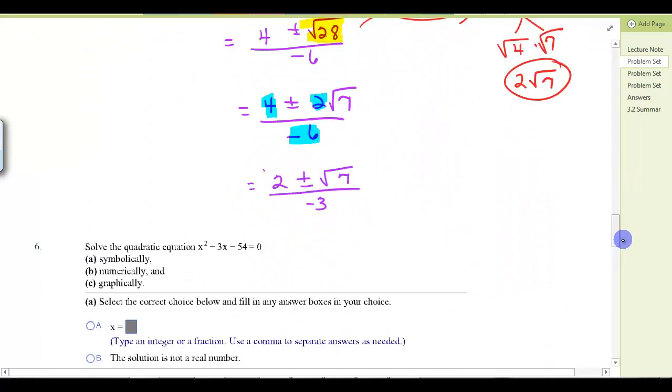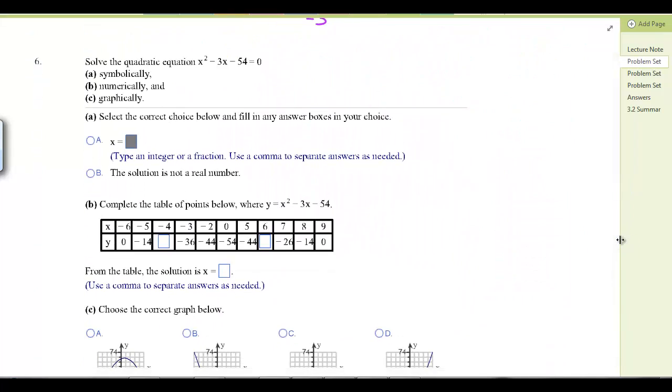All right. Let's look at number 6. All right. So the first part says select the correct choice and fill in any answer boxes in your choice. So we're going to solve this thing. Does this factor? Let's write it out over here. Factors of 54 could be 27 and 2, 6 and 9, 54 and 1, 18 and 3.